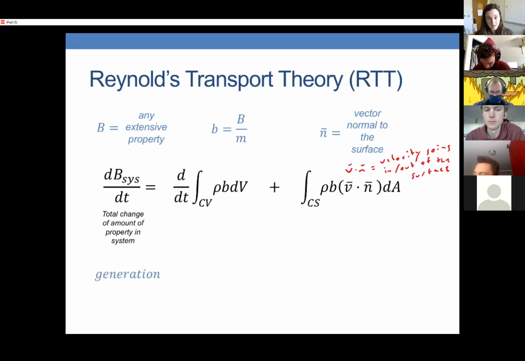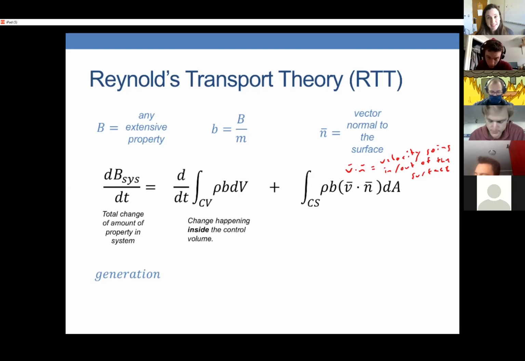That's what generation is talking about. You have a total amount of whatever that's tied to this particular amount of mass, and that whatever can be created or destroyed. That's what that is.